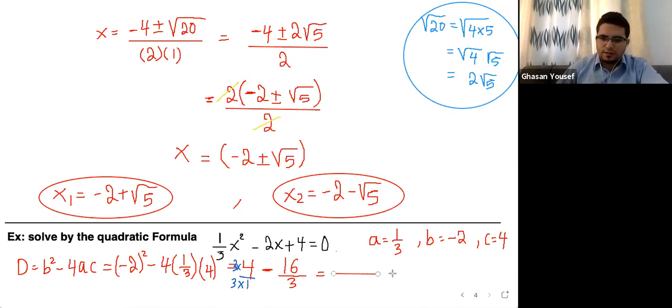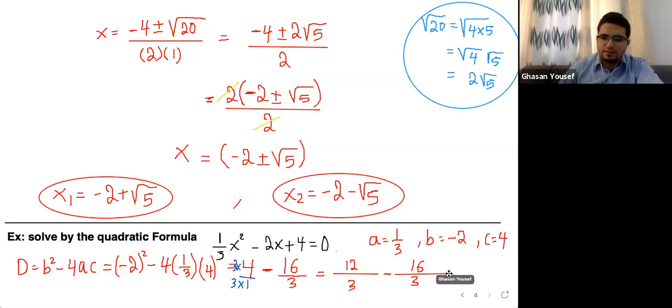Now I get 2 fractions. The first fraction is 12/3 minus 16 over 3.